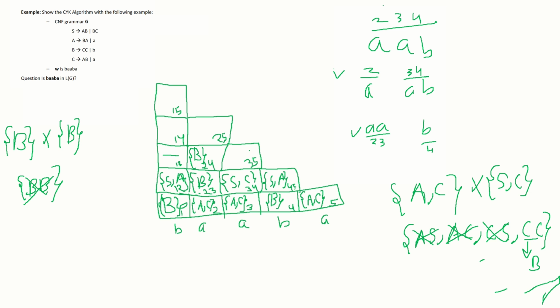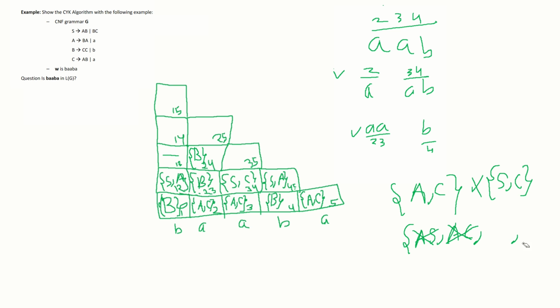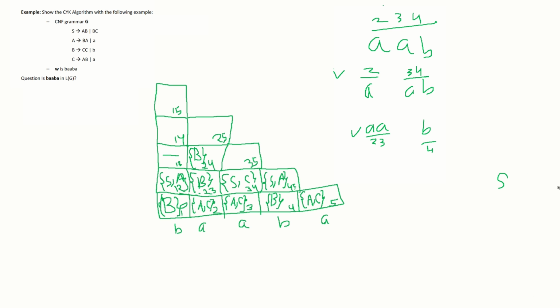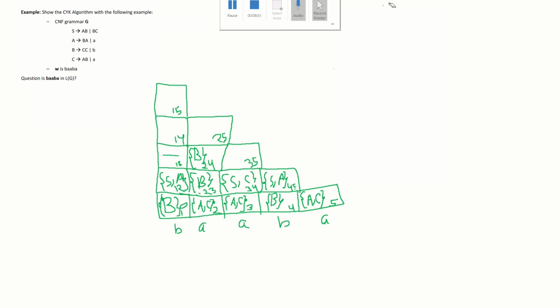Right. Now the substring from position 3 to 5. So from position 3 to 5 we have the substring ABA, 3, 4 and 5.